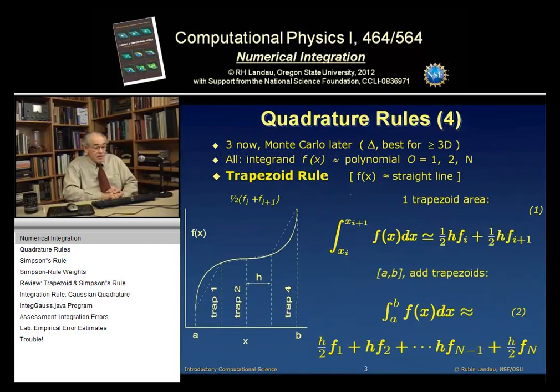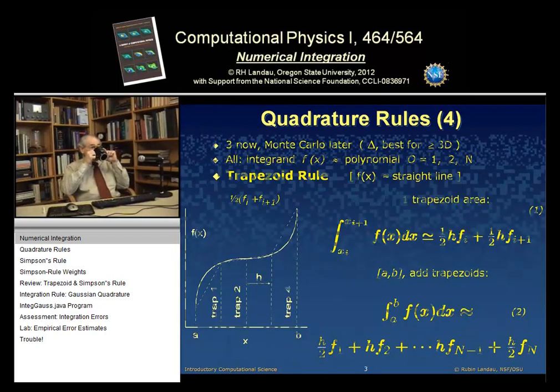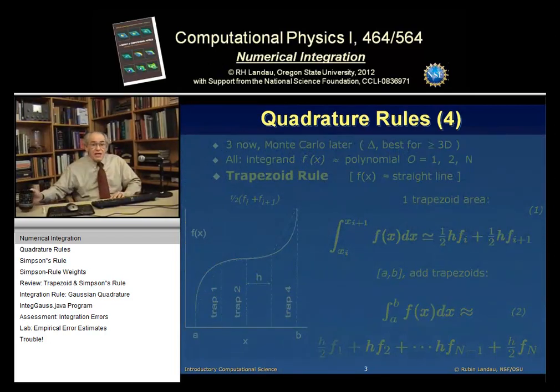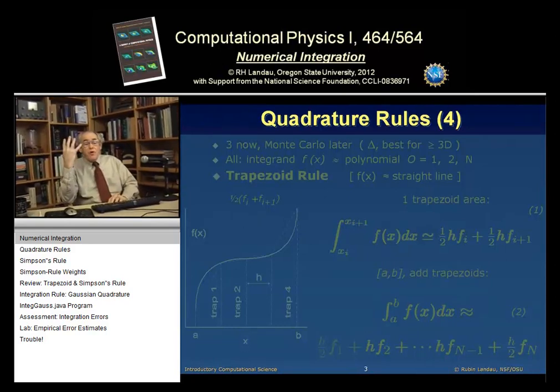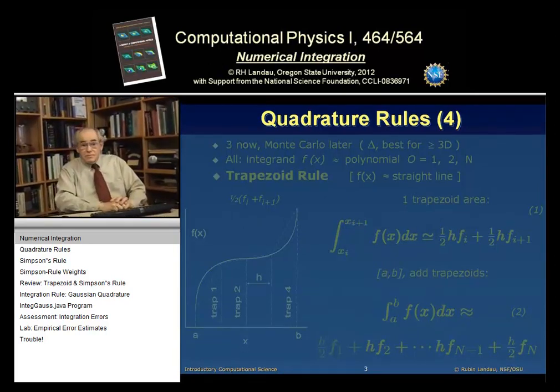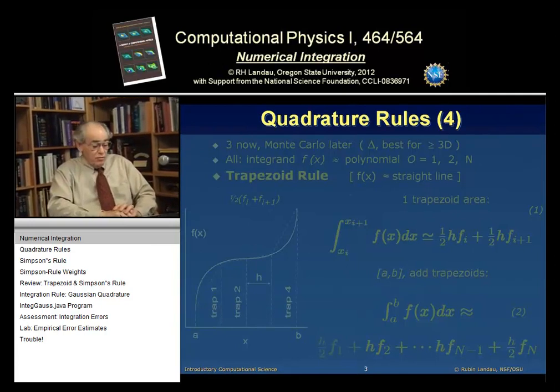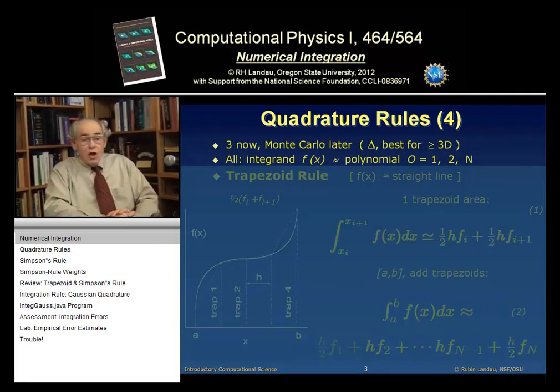So let's look now at slide 3. Slide 3 warns you ahead of time that we're going to have 4 different rules we'll use for quadrature, for numerical integration. We'll talk in this little gathering about 3 of those rules. And the 4th rule is a Monte Carlo method.